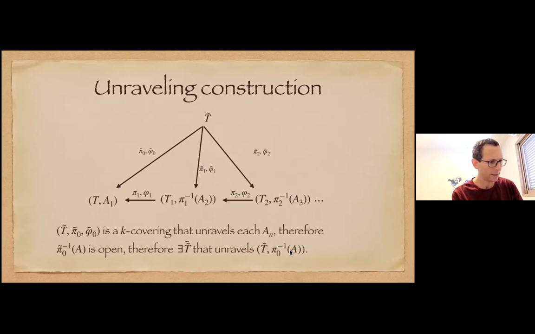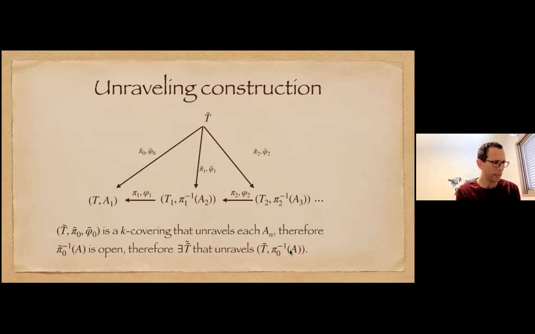And then at the next level it will be closed and open. And then when I take the inverse image of a closed and open set, I get an open set. So each one of the inverse images of each one of the A_n is an open set. So the union of these sets is also open.